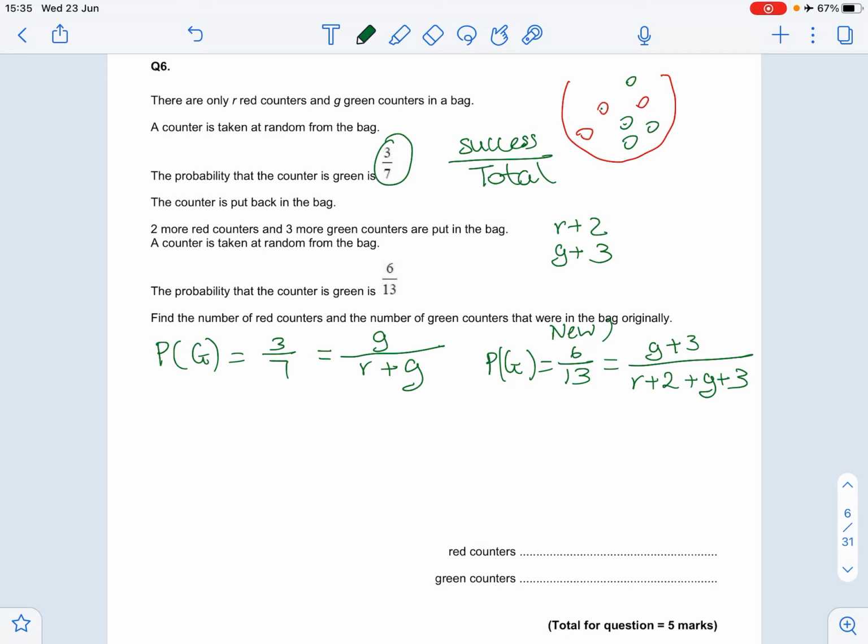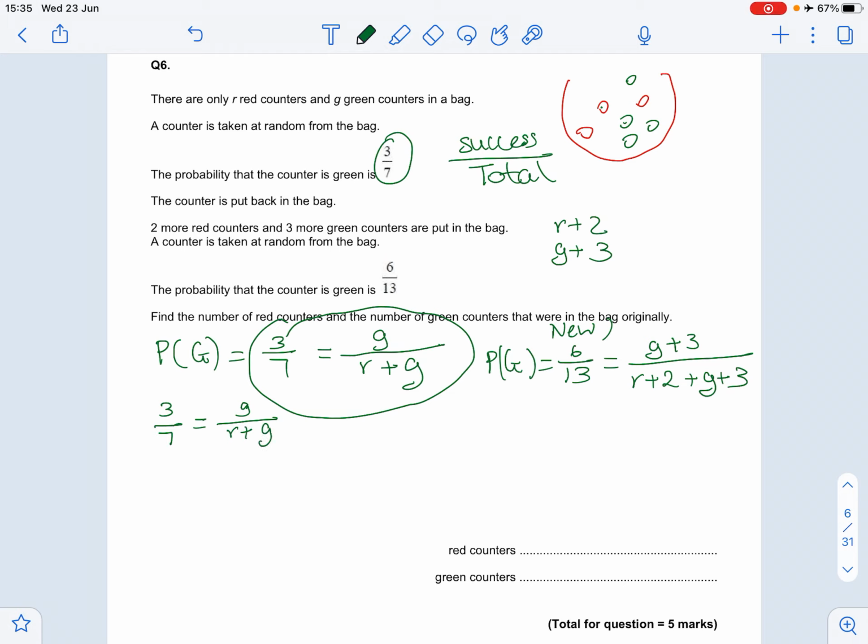So let's make R the subject. So let's look at this here. So we have 3 over 7 is equal to green over red plus green. And we want to make R the subject, so we can substitute it into the new equation.